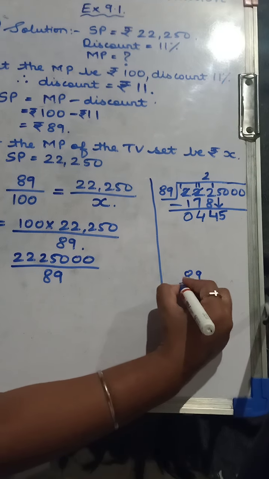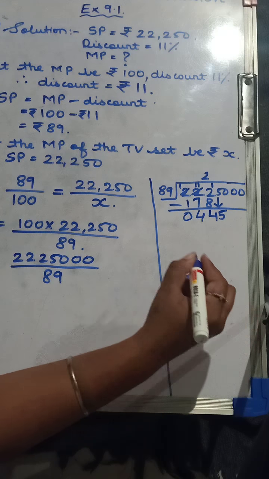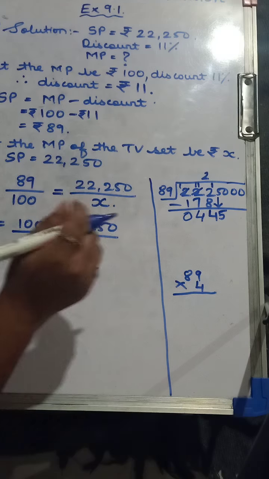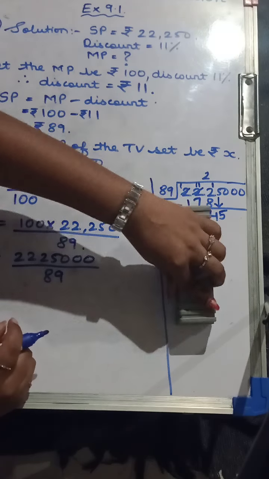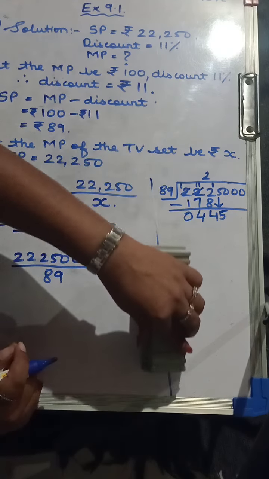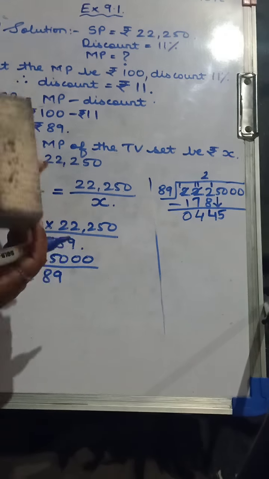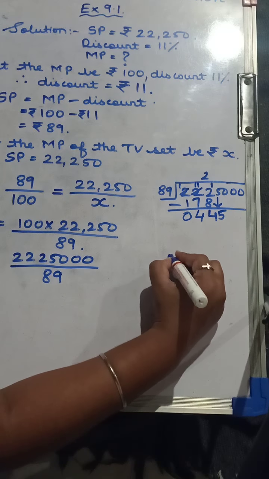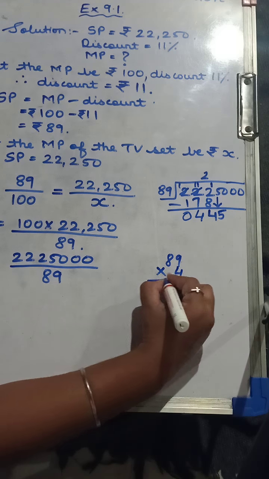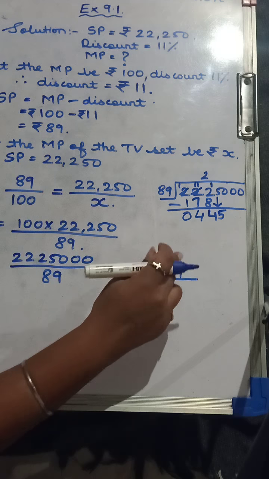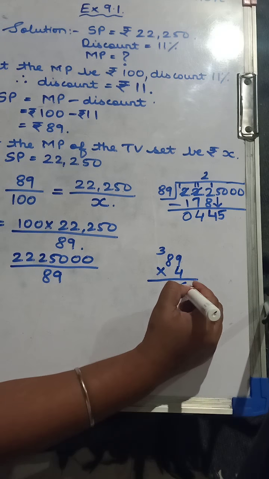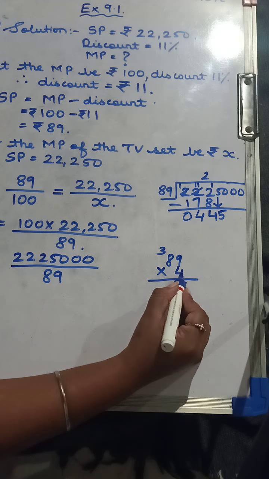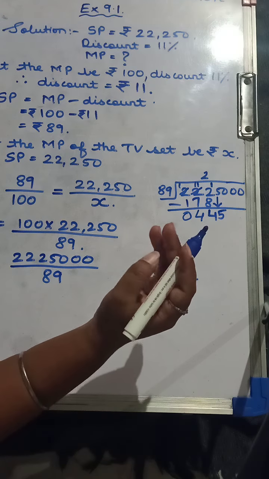So 89 4s we will check first. 4 9s gives you 36. 4 8s, 8 4s we will do, that is 32, 33, 34, 35.